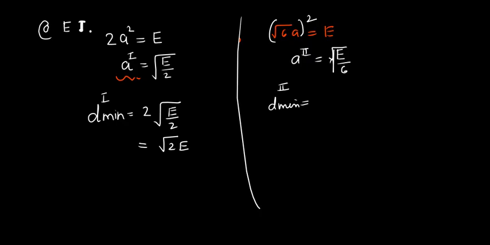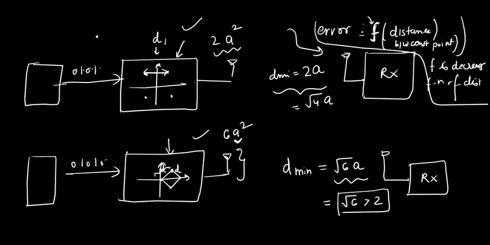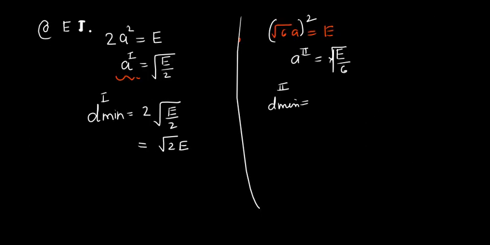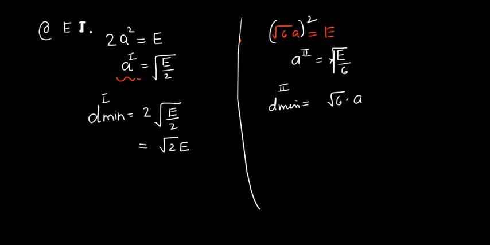So for d min 2, d min will be root 6 into A2. Please let me know if you have any doubt. A2 is for the second setup, root 6 into root E by 6.